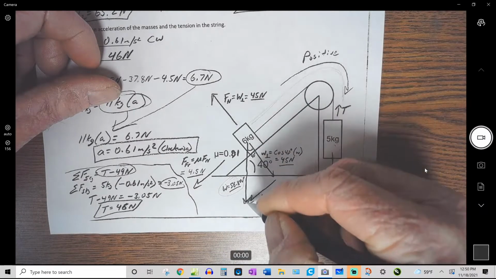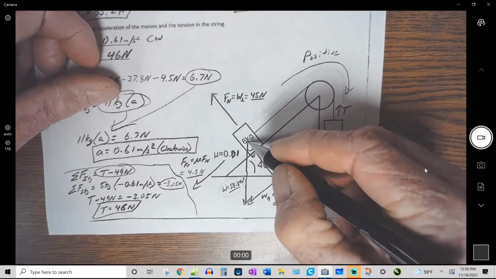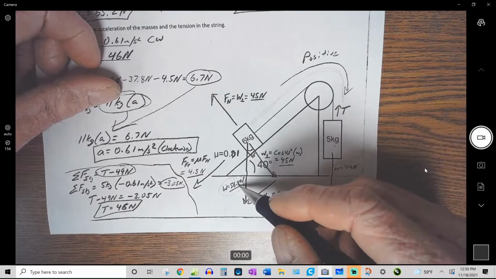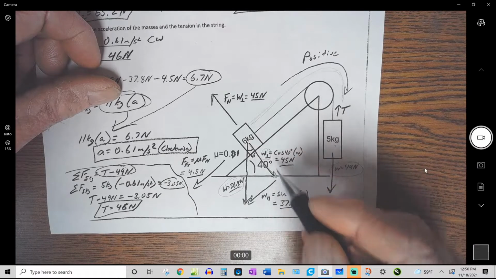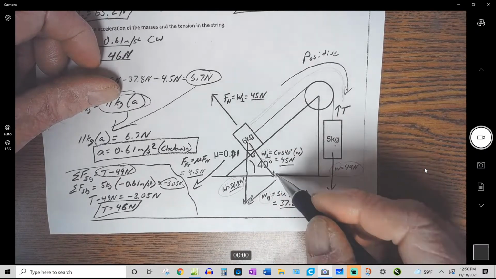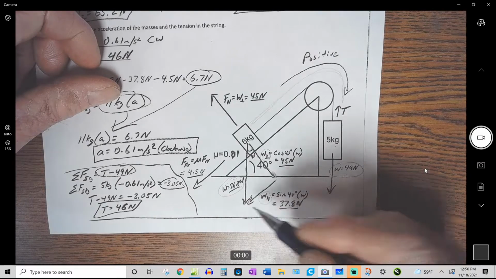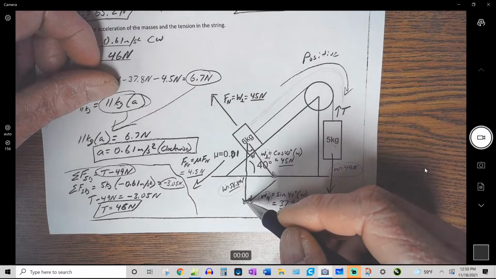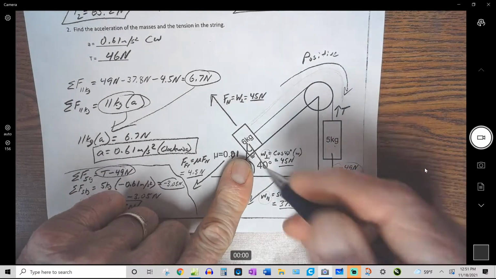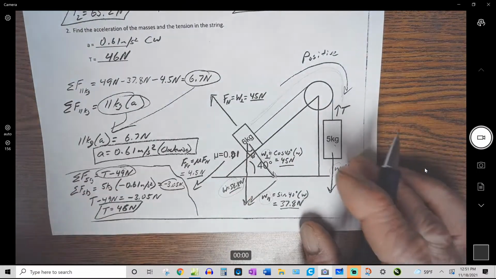So I draw my weight, that arrow represents the weight, this arrow represents the perpendicular component of the weight, and this arrow represents the parallel component of the weight. So the perpendicular component and the parallel component add up head to tail to give me the actual weight. And the weight itself is just going to go away. I'm trading it for these two.